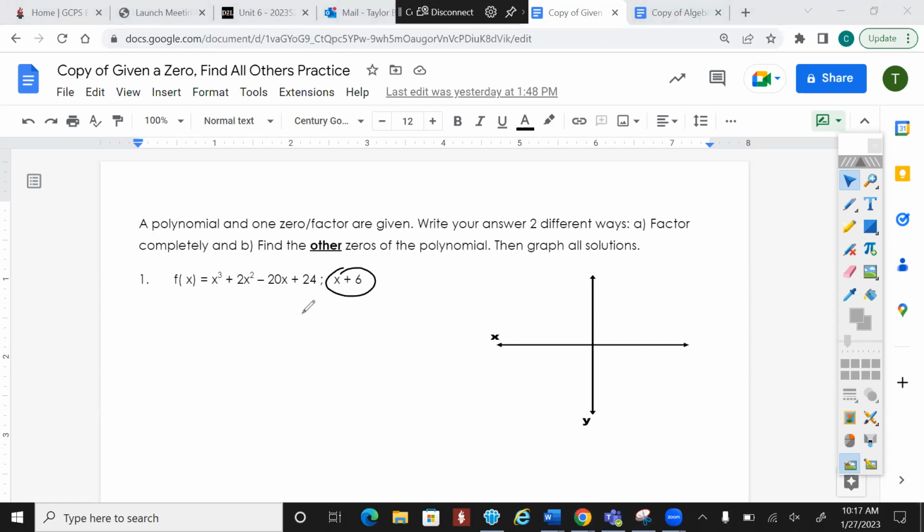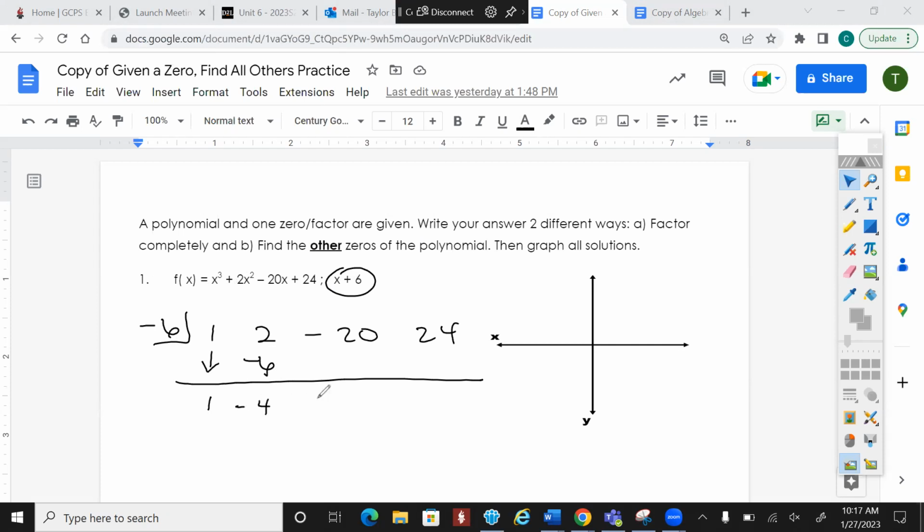I'm going to switch the sign of this, put him in jail, write out the coefficients. Bring down my first term, multiply, add, multiply, add, multiply, add. So this gives me x squared minus 4x plus 4.